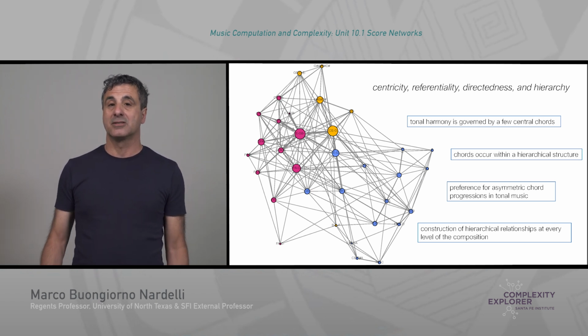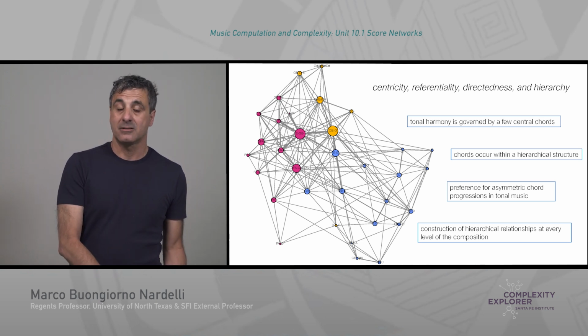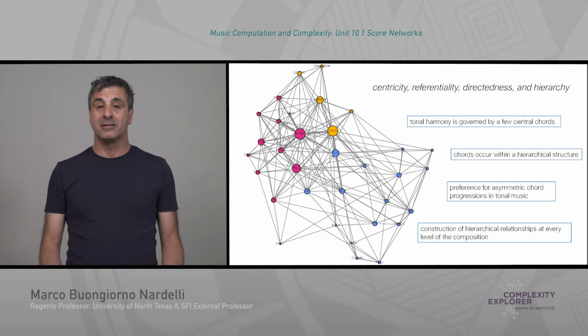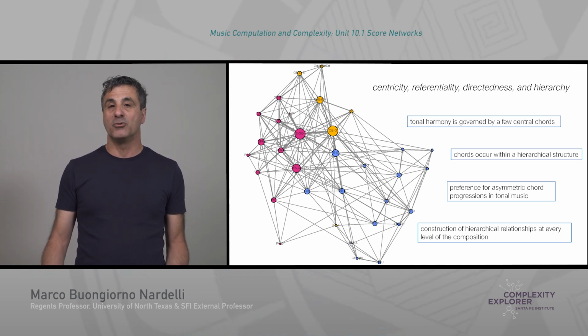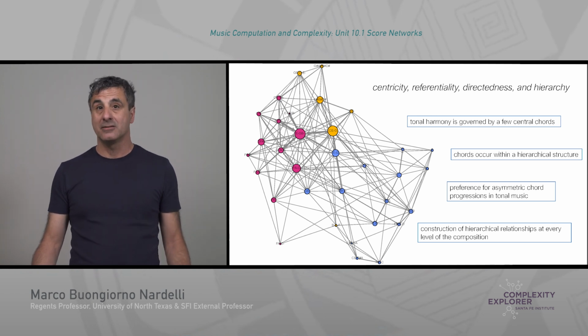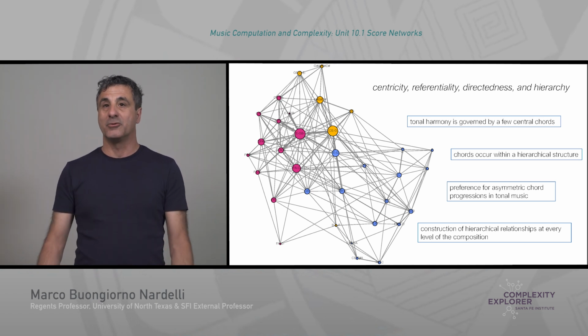There are some chords that are hierarchically linked to other chords. Tonal harmony is asymmetric. There is definitely a tendency of moving from specific chords to other specific chords, but not vice versa. And this hierarchical structure is mirrored throughout the composition.